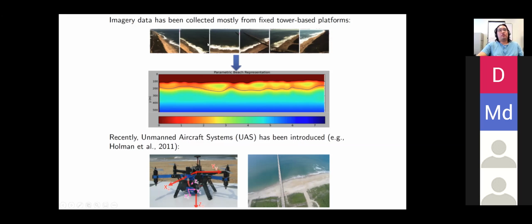What people usually do is just use this image data. You process these time series images to calculate wave characteristics like wave speed or wave celerity. And you can use a hydrodynamic model, a phase-resolving or phase-averaging model, and use some kind of inverse modeling.